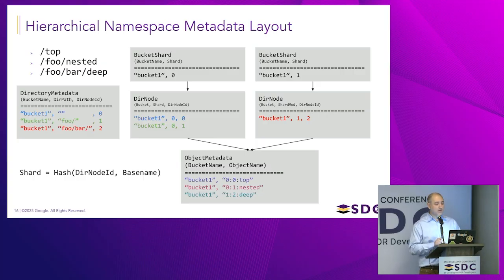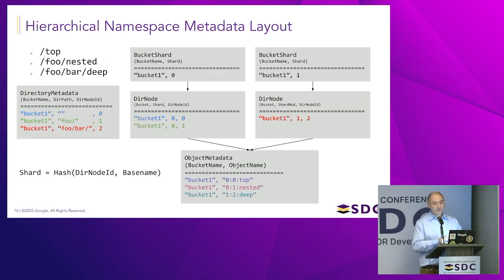Underneath the bucket shard, we have directory metadata and dir node. The idea is that each directory has a node ID in the dir node table. And then there's a directory metadata that has the bucket name, the directory path, and then it points to the dir node ID. Lastly, we have the object metadata table at the bottom, which has bucket names and an object name. This is the same table that we use in flat buckets.